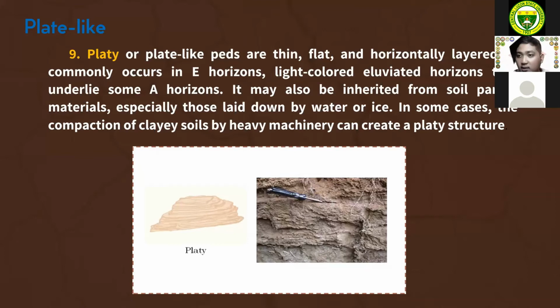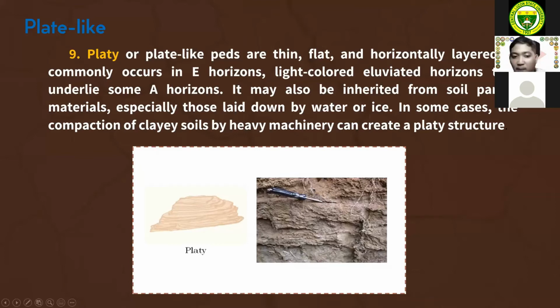So ito yung karaniwan makikita natin sa paddy soils. Di ba, yung paddy soils kasi once na kinocultivate natin yon or pinapad natin, nag-undergo ng paddling, yung surface lang yung ating dinidisturb. So naka-compact yung below the surface, which is the commonly below a horizon.